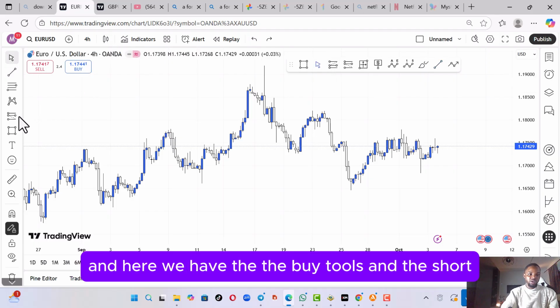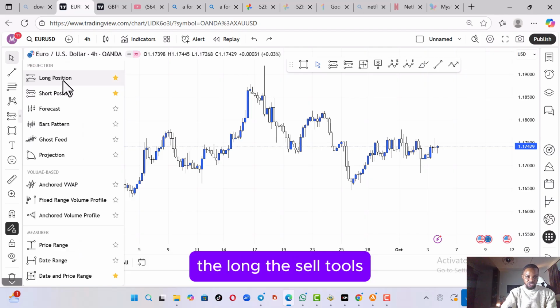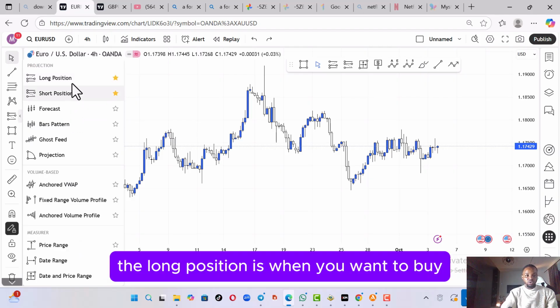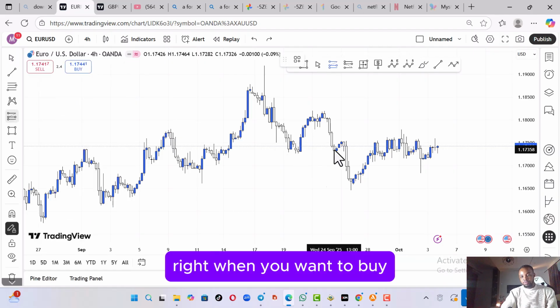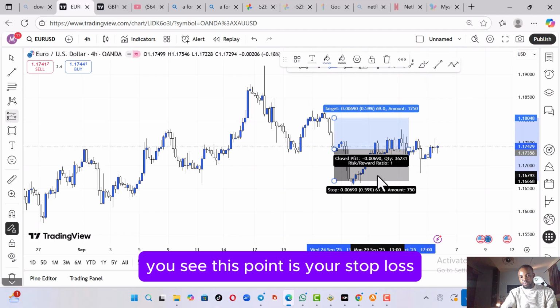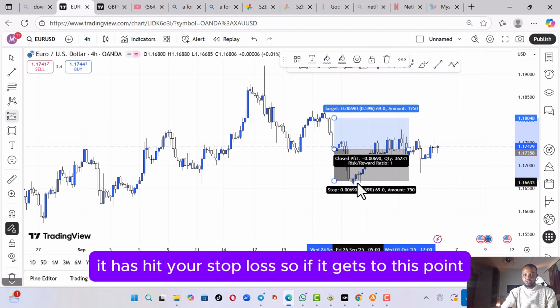And here we have the buy tools and the sell tools, which is the long position and the short position. The long position is when you want to buy, right? When you want to buy, you see this point is your stop loss. The moment it gets past this place and gets to here, it has hit your stop loss.